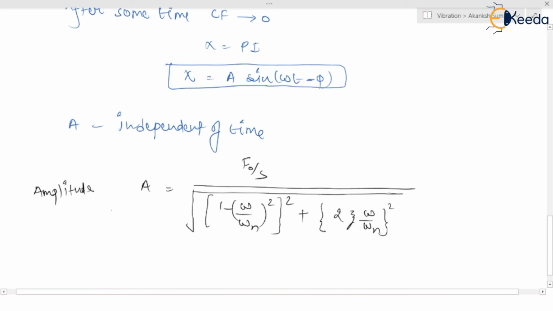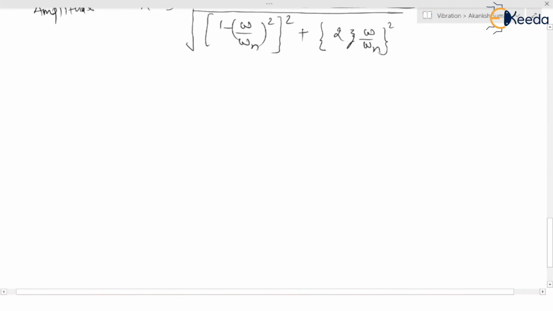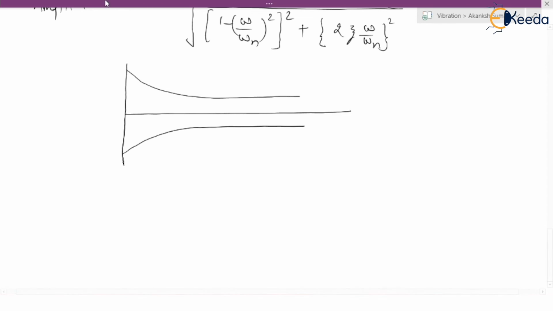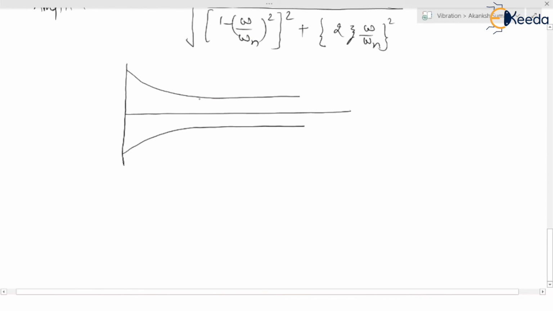You can see there is a constant. I already showed you the graph in the previous topic, but I'm explaining it again completely because we got the particular integral value. So the graph would be like this.